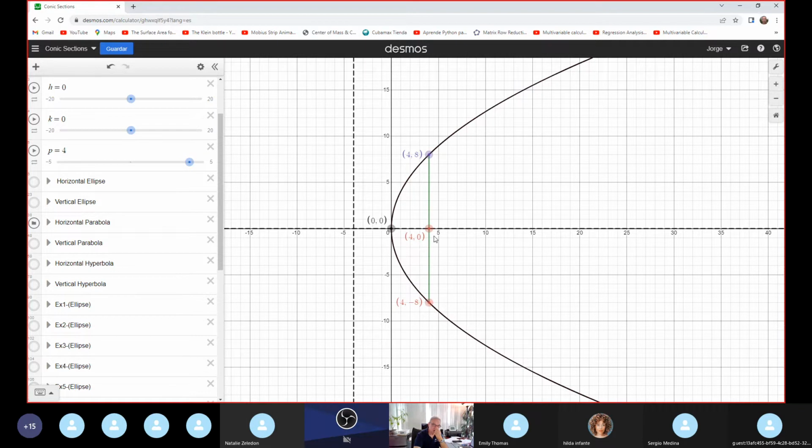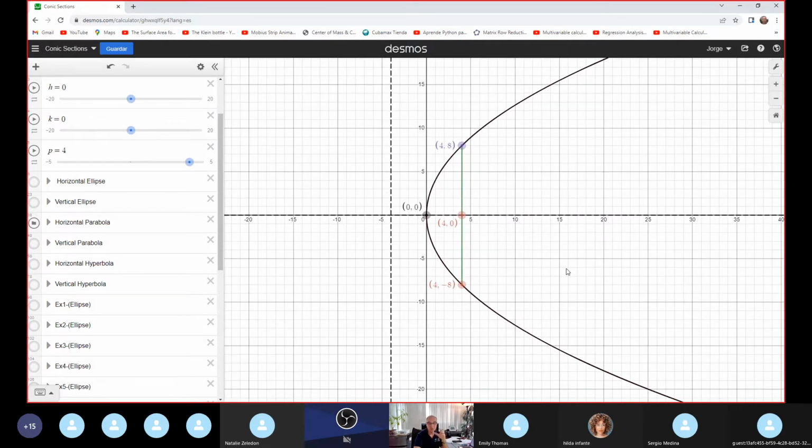The entire focal diameter is 16 units. The axis of symmetry is the line y equals 0, coincident perfectly with the x-axis, and the directrix is the line x equals negative 4. It's vertical. Super.